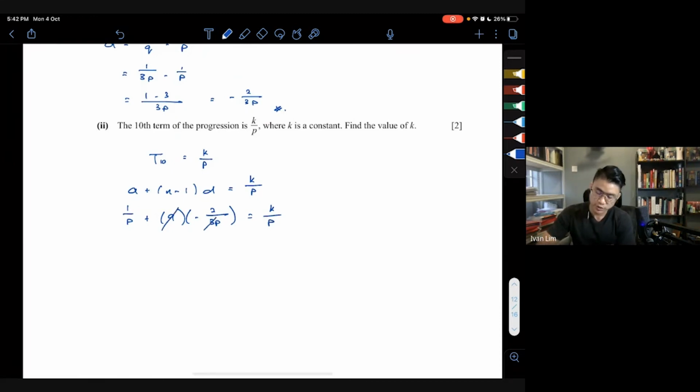Simplify it, cancel, 9 divided by 3, you get 3. Here you get 1 over p minus 6 over p equals k over p. You get negative 5 over p equals k over p. Therefore, k will be equal to negative 5. Just a 2-mark question.